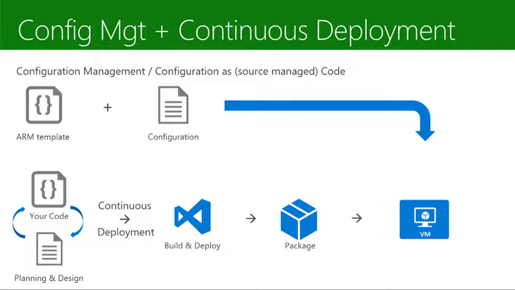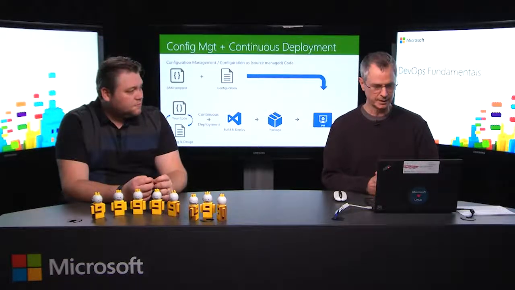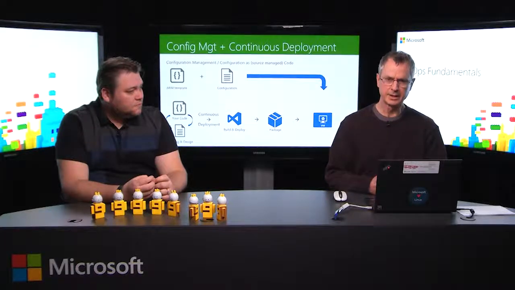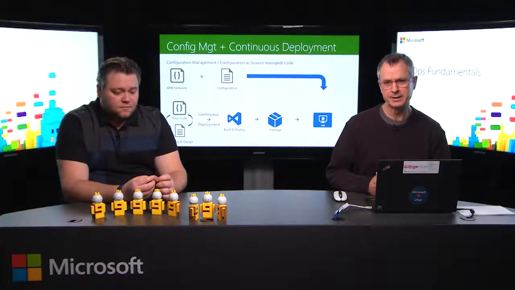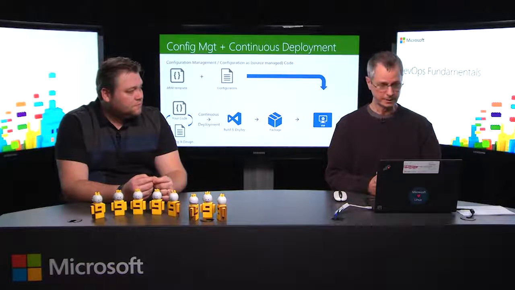And then you can actually add configuration to the template in the form of VM extensions. That allows you to define the details of what goes into each VM. So it can either be on a VM by VM basis, or it can also be classes of VMs. So web tier, for example, each of the VMs in the web tier can be identically provisioned by the same configuration.